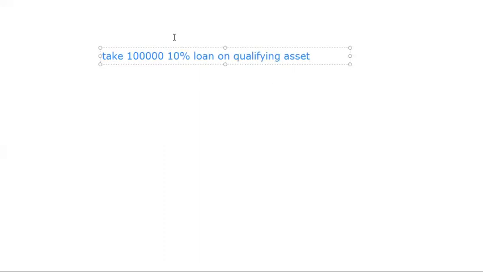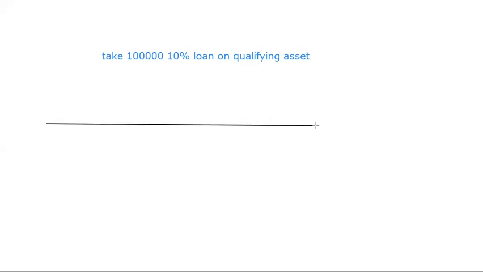Now the technical thing is for how long you will capitalize an asset. Where that line goes. Right, now this is one accounting period.